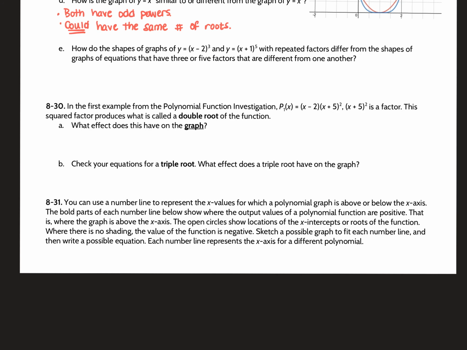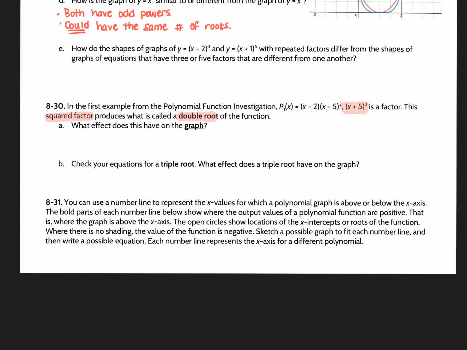In the investigation that you did in the previous lesson, you came across problems like this, where you have x minus 5 or x plus 5 squared being a factor of your polynomial. But what's interesting about that is that it's a squared factor. What we see is that it produces a double root.